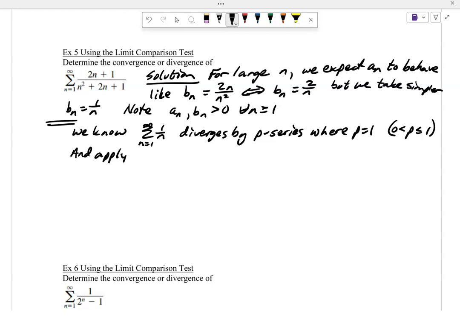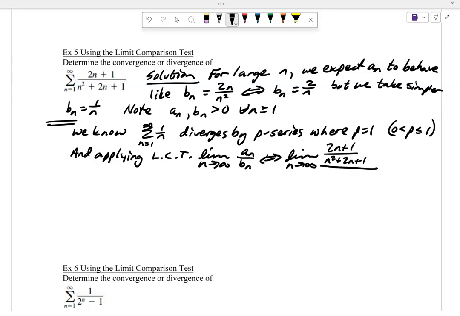And now we apply the test. We'll take the limit of (2n plus 1) over (n squared plus 2n plus 1), all over 1 over n.